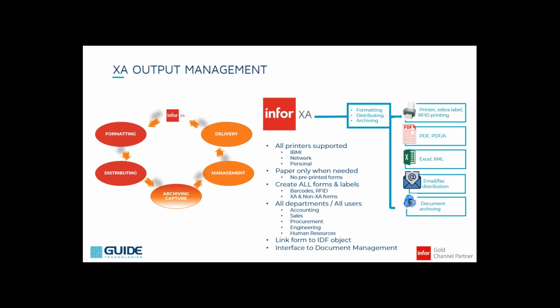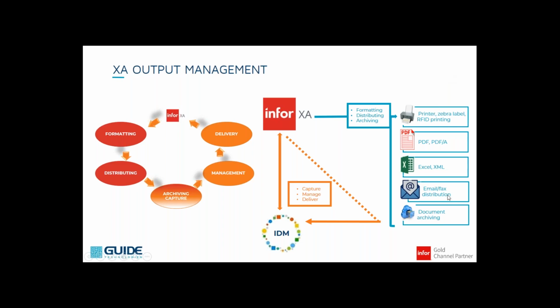So all of these functions can be set up by form, by customer. You can change the rules as you're going along. And then, of course, we can file it either back into what I just said, IDF. So you know how you can do attachments in IDF.